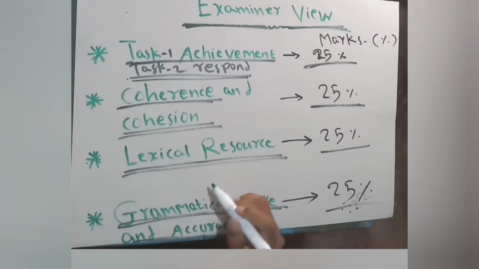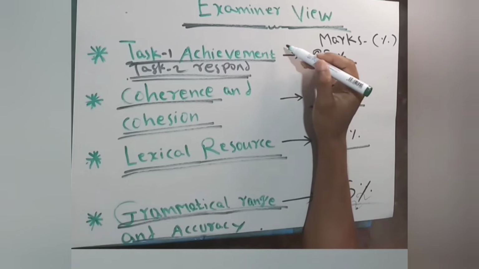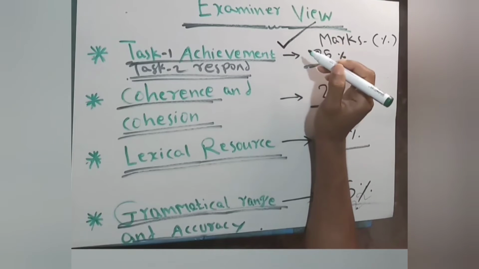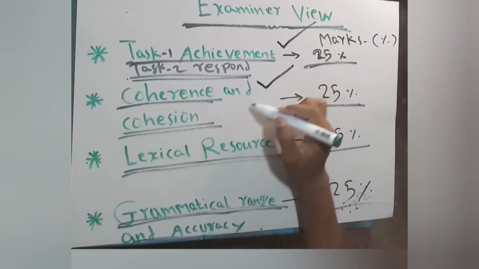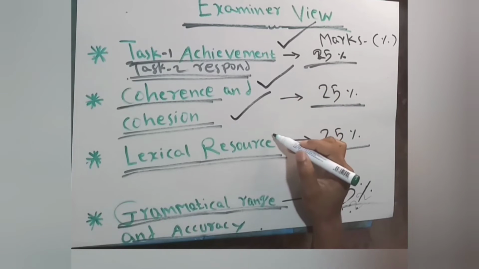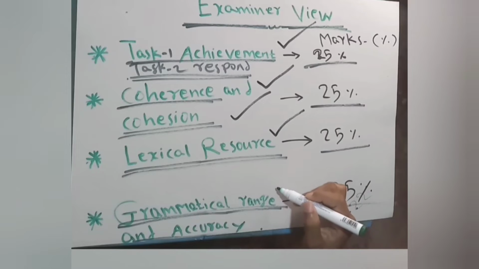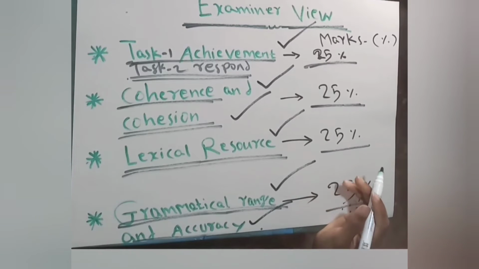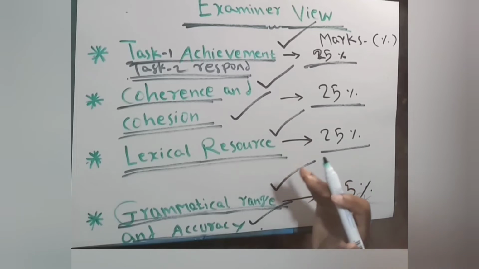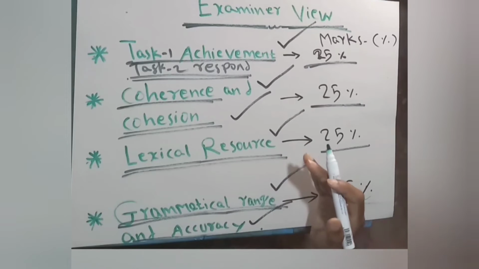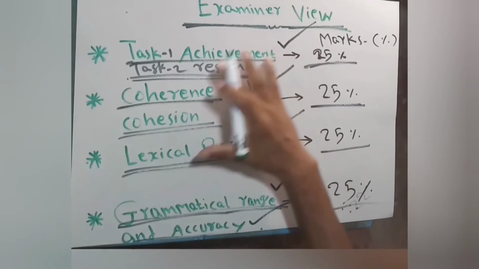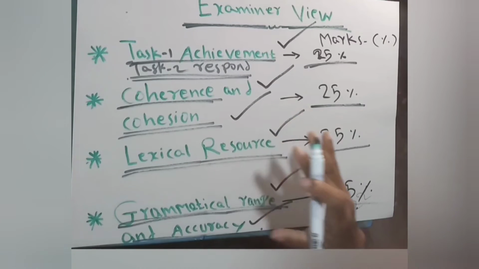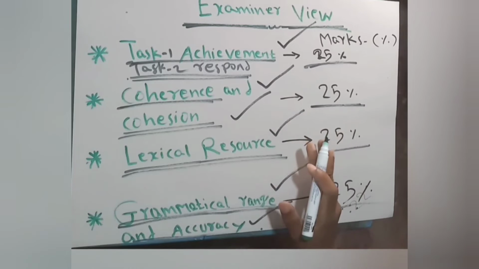In IELTS writing, you must remember to ask yourself: am I writing the achievement properly, or coherence and cohesion, or lexical resource, or grammatical range and accuracy? So you have to think when you are going to write in your exam, you have to involve all these criteria. Then your writing is going to help you achieve a higher band score, right?